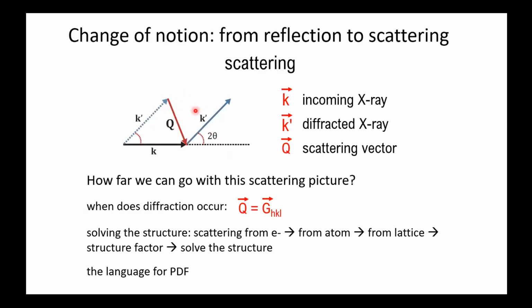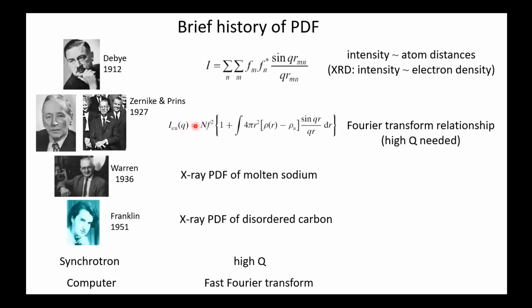You can just search, and it's very easy to see the magnitude of this Q. It relates to the wavelength, and the shorter the wavelength, the larger the Q. So by using very short wavelengths, we can reach very high Q.